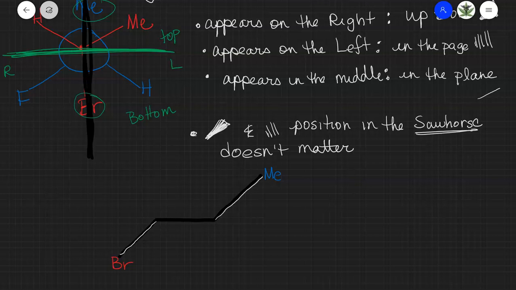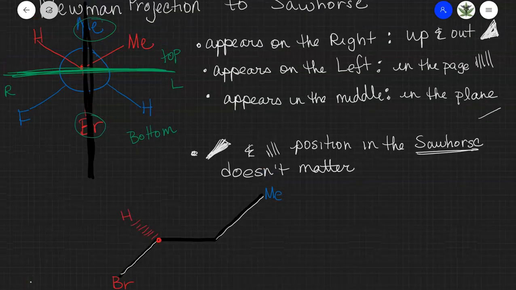Now we want to look above and below. So how we're looking at it, again, the red represents, okay, we want to come back here. I swapped these. My screen is swapped. So this is the left. And this is the right. So my hydrogen is on the left. It appears as a dash wedge.